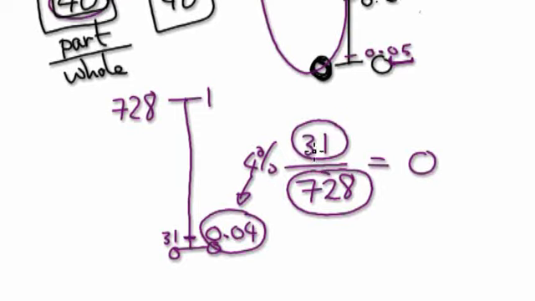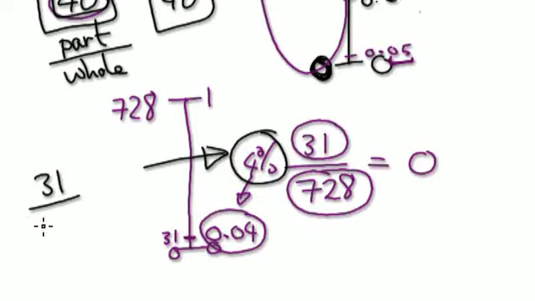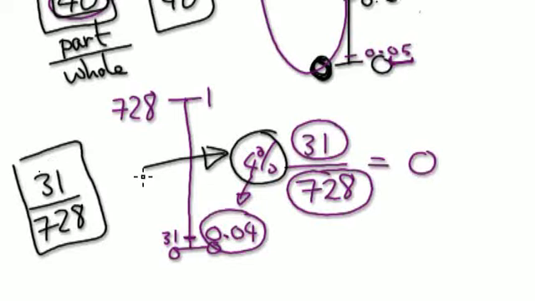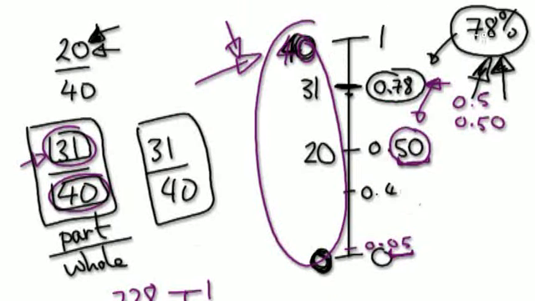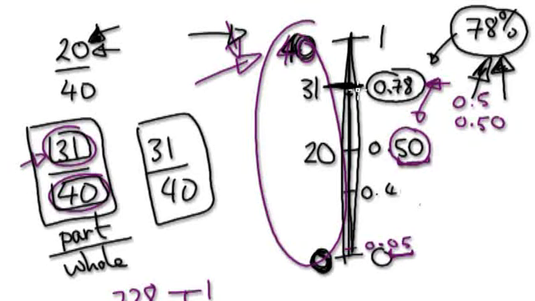So by telling your parents, oh, I've got 4%, this is a lot more useful than 31 over this thing here. Telling your parents that, they wouldn't have a good idea of what's going on. By telling them in the first case you've got 78%, it means that out of the whole thing, 0.78 is quite high up.